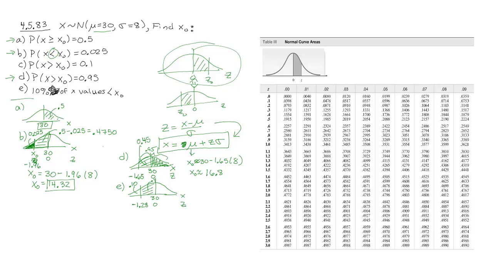Then using our formula, that x naught value is going to be approximately 30 minus, because it's a negative, 1.28 times our standard deviation. So x naught is, taking out my calculator, 30 minus 1.28 times 8, which is 19.76.